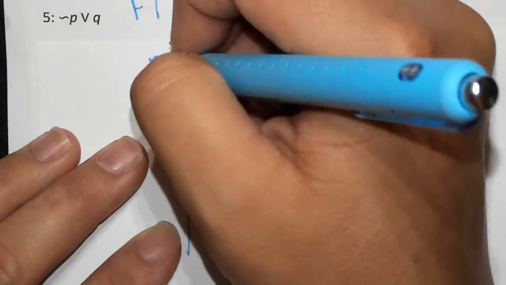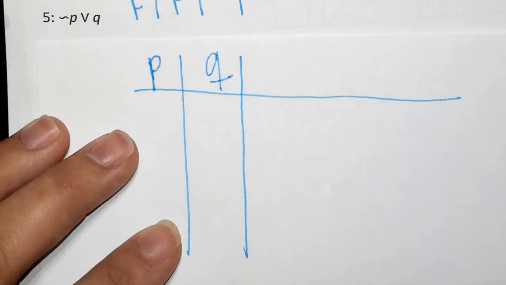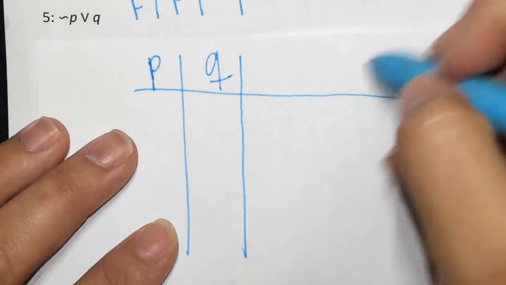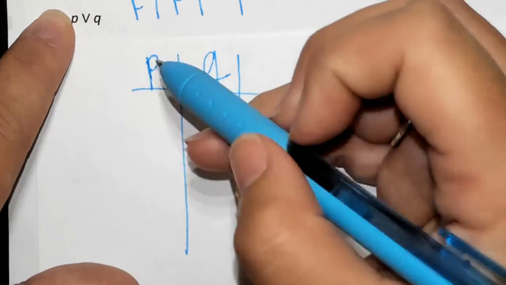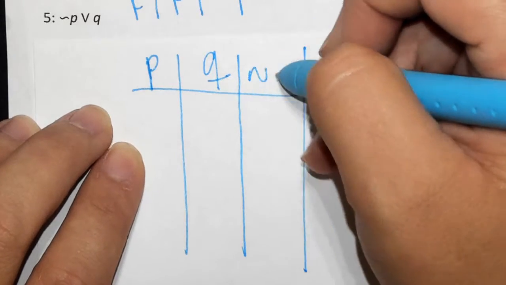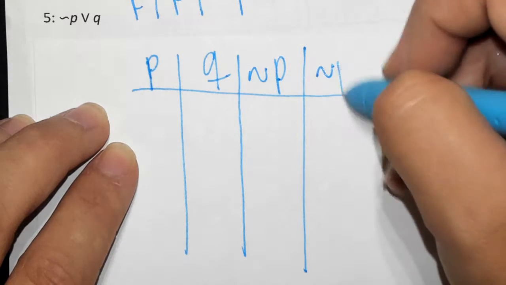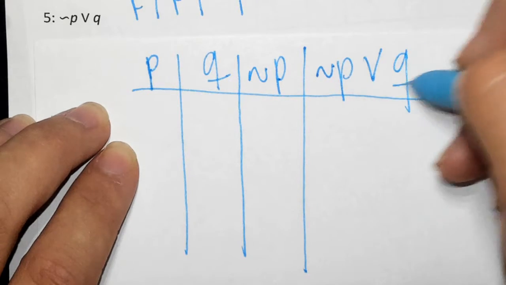So we're going to have our original column P. And then I'm going to go ahead and still put Q right here, because those are the 2 original statements I'm talking about. You have P, you have Q. However, then you have not P, and then you have not P or Q.